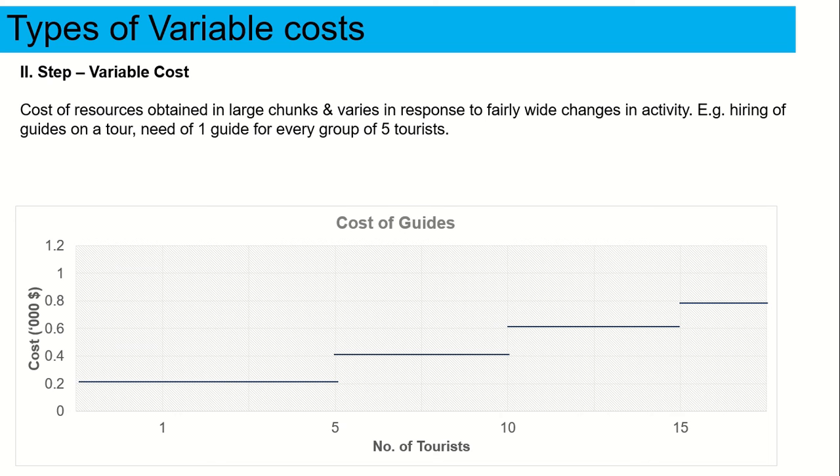However, as soon as it jumps to even 6 tourists, there has to be one more guide hired. So therefore there is a step jump. This type of cost is known as the step variable cost, where cost is incurred in large chunks, and it varies in response to a fairly wide change in the level of activity.